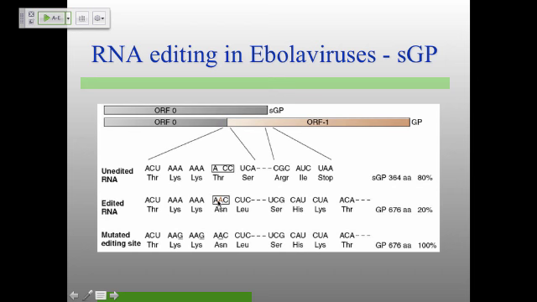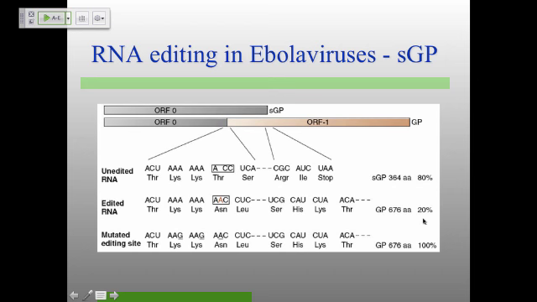So, how are we getting this editing? Stuttering. It's very, very similar to what you get with the poly-Us. In this case, about 80% of the time you get your normal, non-hydrophobic tail. 20% of the time, it adds an A, and you change this.